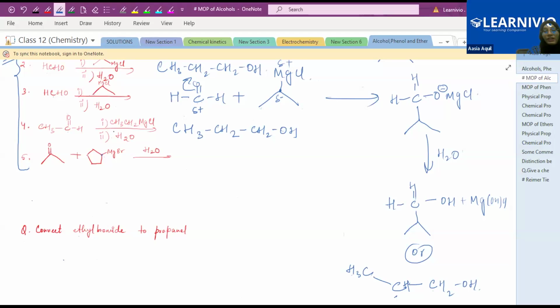Formaldehyde on treatment with the Grignard reagent will give you a primary alcohol. So you will not get a primary alcohol. Just quickly follow the proper mechanism, then you will get to know what the product will be. So this is wrong.